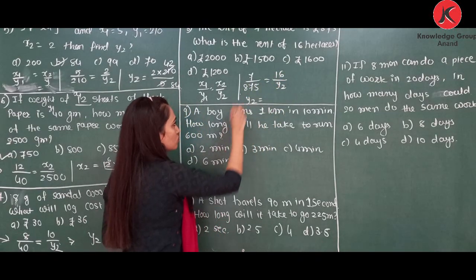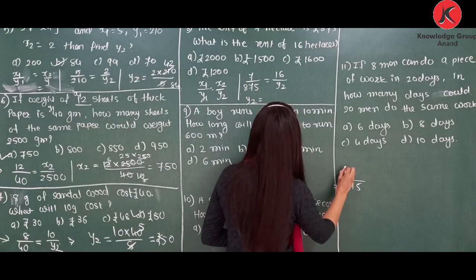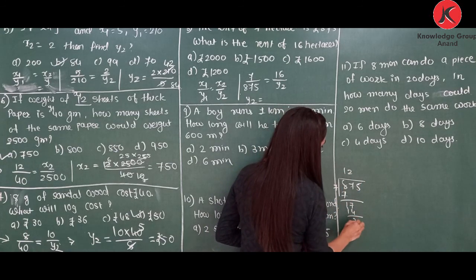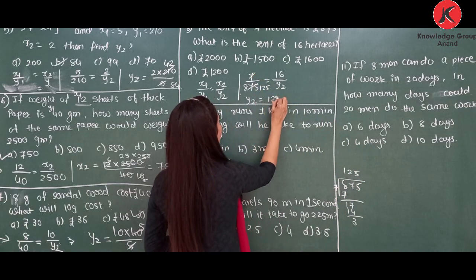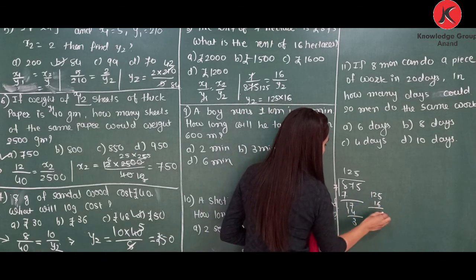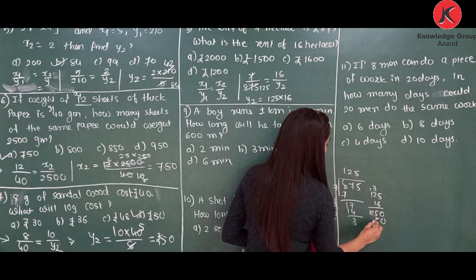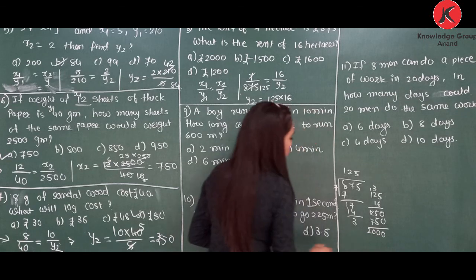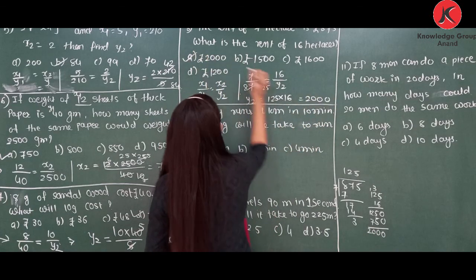We need to find y2. So here let's divide 875 by 7. So it is 125. 125 multiplied by 16. It is 2000. So that is option A.